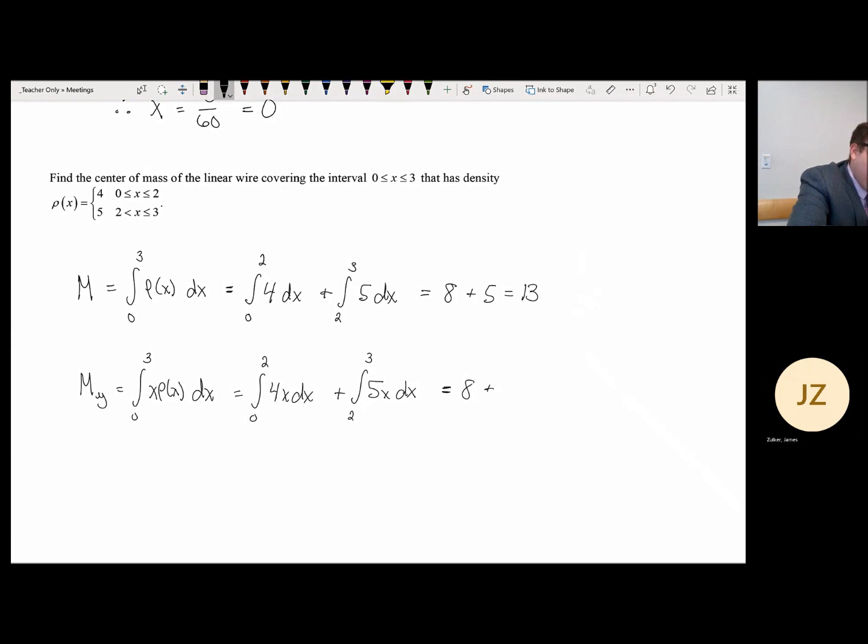So x squared from 2 to 3 would be 9 minus 4 is 5, times 5/2 is 25/2. Eight plus 25/2 would be 16 plus 25 all over 2, 41 over 2.